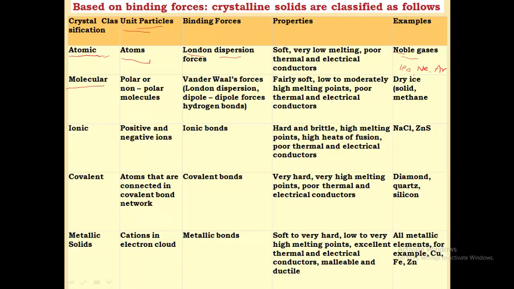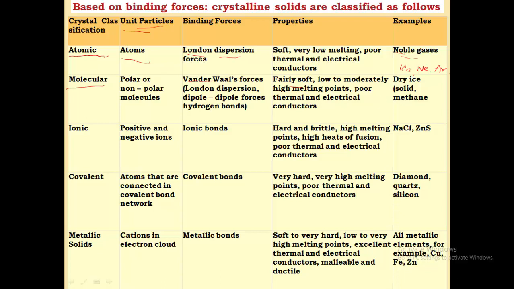The nature of binding forces are van der Waals forces. They may be London forces, dipole-dipole forces, or hydrogen bonds. Properties: they are fairly soft, with low to moderately high melting points, and poor thermal and electrical conductors. Examples are dry ice, solid methane, solid hydrogen, solid iodine.